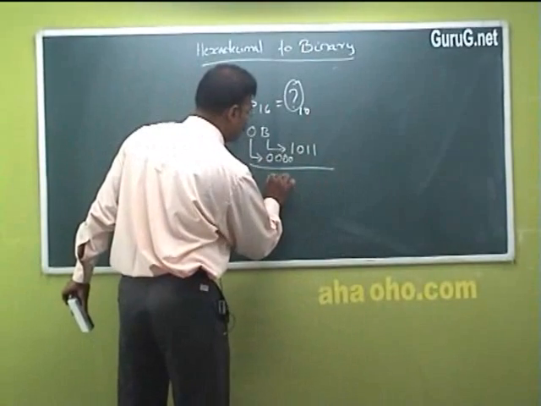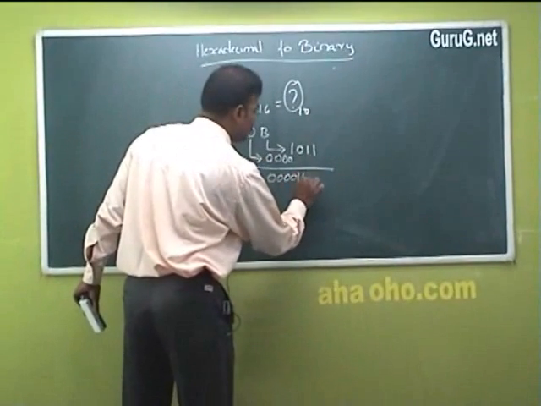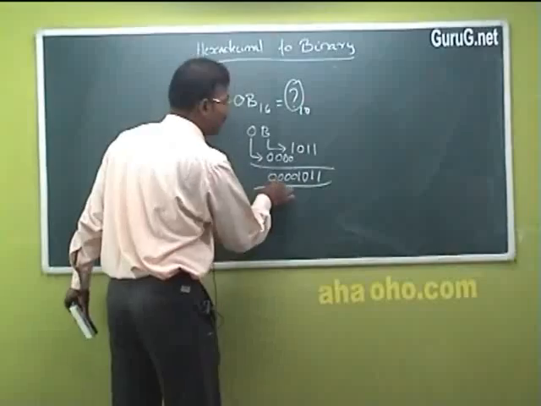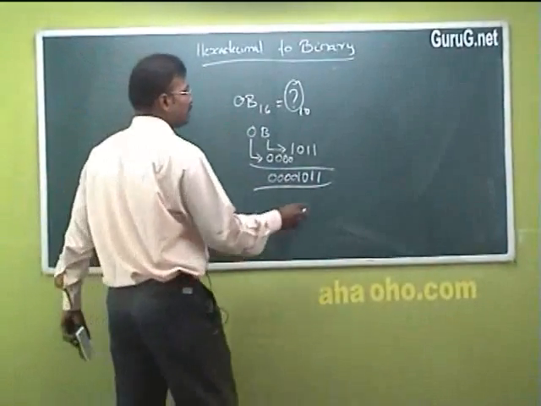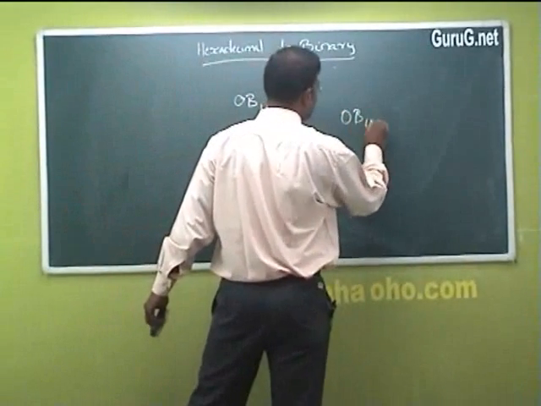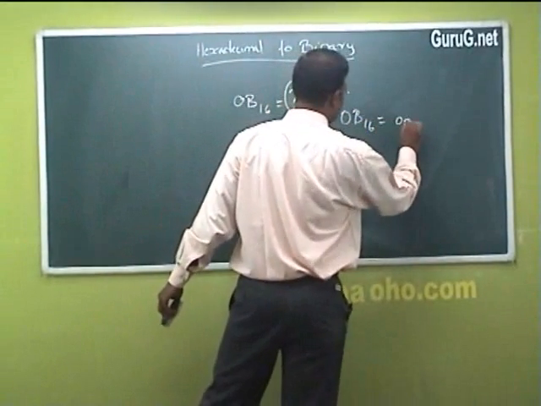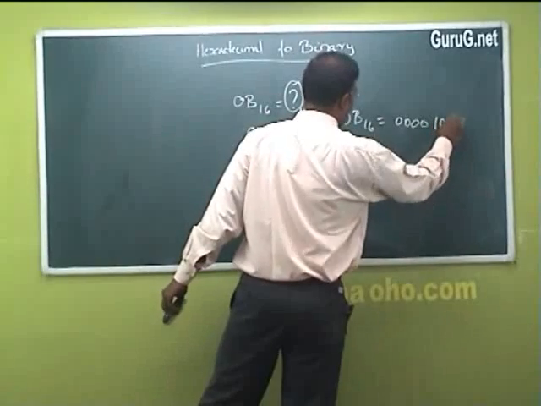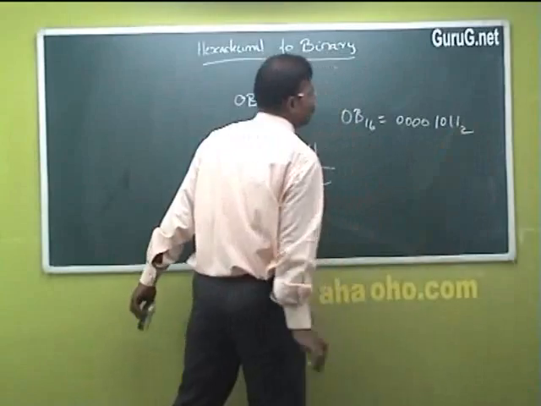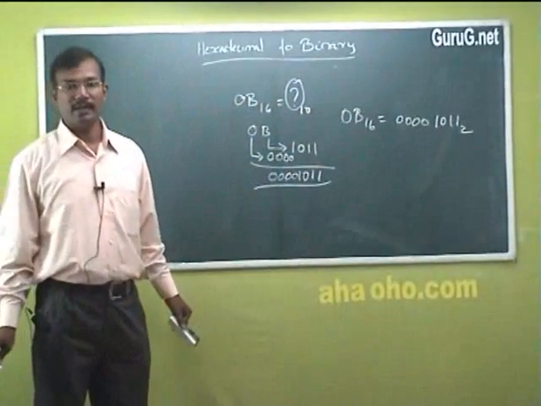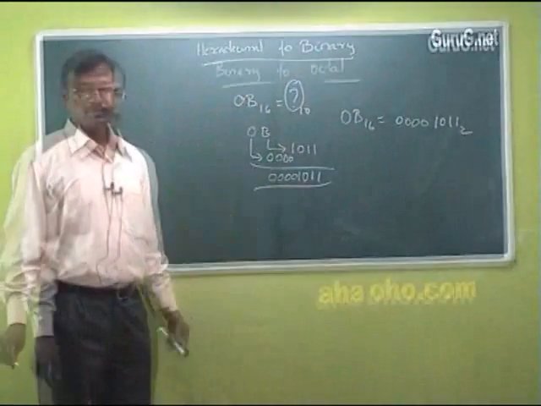Combine these two. 0, 0, 0, 0, 1, 0, 1, 1 is the binary representation for 0B in base 16. So you can write it like this: 0B in base 16 is equal to 0, 0, 0, 0, 1, 0, 1, 1 in base 2, with the radix. This is the binary representation of 0B.